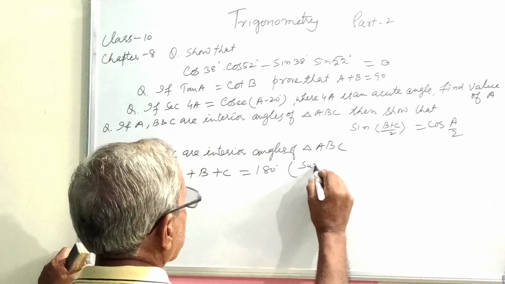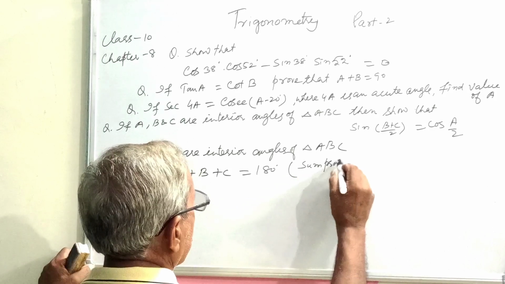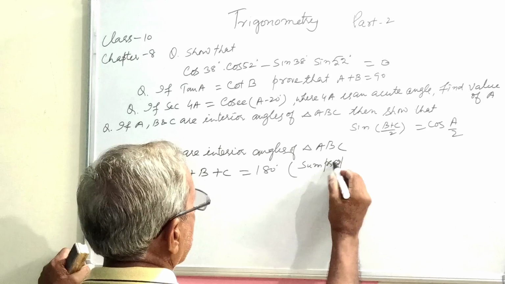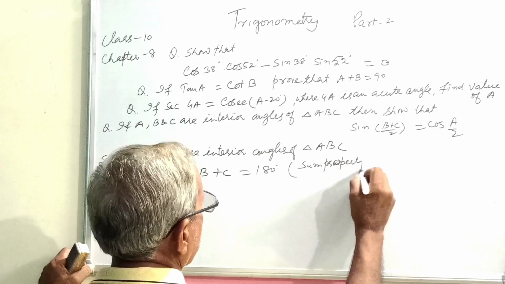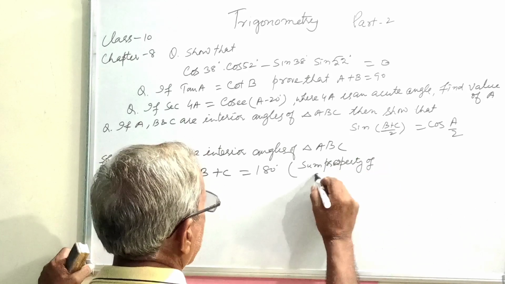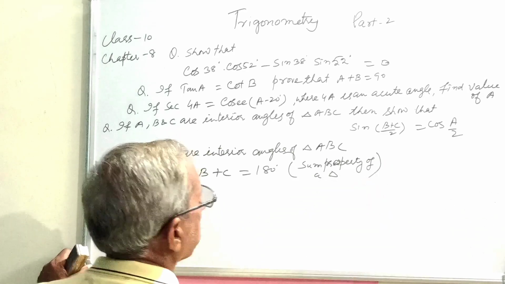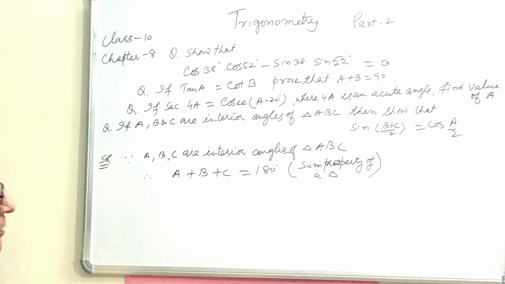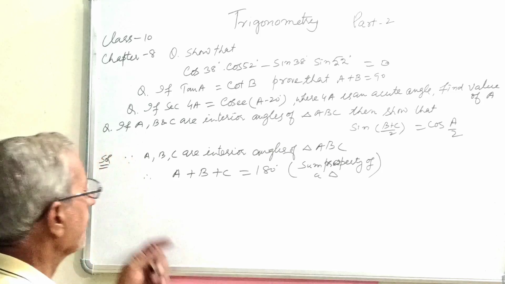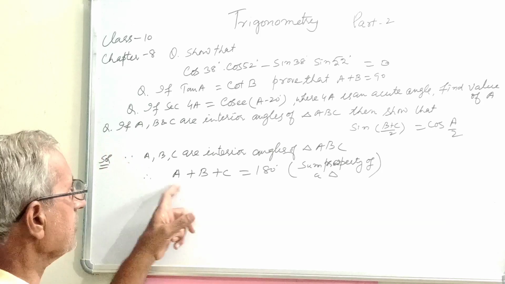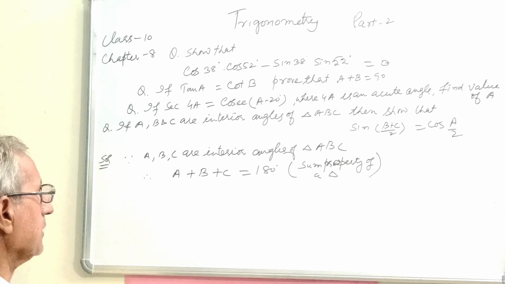Some property of a triangle. सम प्रॉपर्टी ऑफ ए ट्राइंगल क्या होती है कि ट्राइंगल के 3 एंगल जो हैं उनका जोड़ 180 डिग्री होता है.